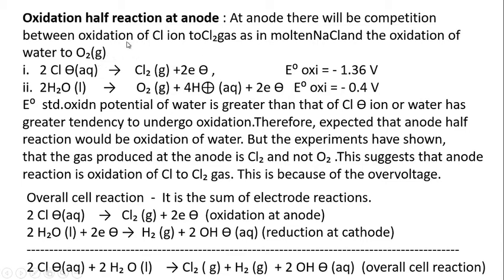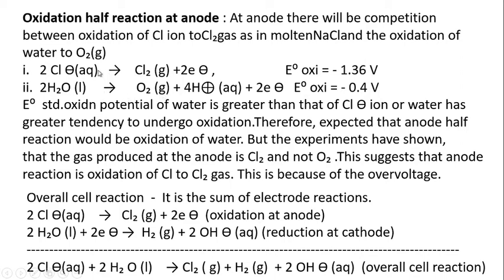So there are again two oxidation half reactions competing with each other at the anode. The first one, the chloride ions lose the electrons and form chlorine gas, and OH minus ions are also there in water. They also lose electrons and oxygen gas is formed.